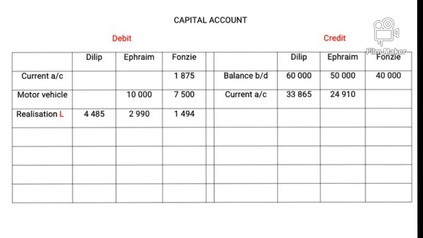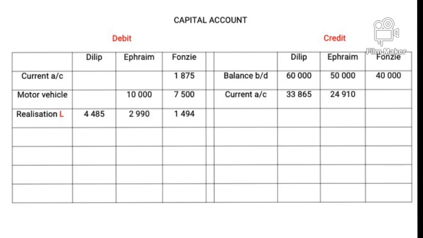So according to the partnership agreement, other partners are liable to cover for the bankruptcy or the insolvency of a partner who is not able to cover for himself or herself. But according to this question, there is no such scenario.